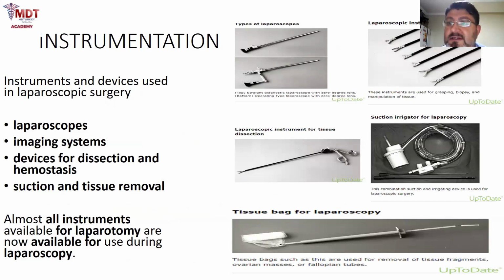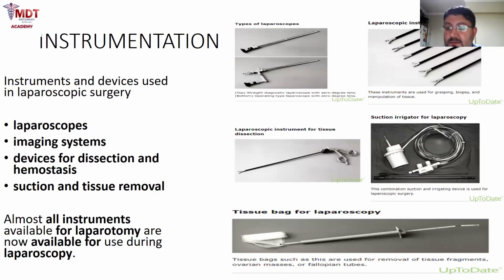Professor Dr. Çalışkan has told about the instrumentation that we use in laparoscopy. We have many laparoscopes, imaging systems, and devices for dissection and hemostasis. We have suction and tissue removal instruments.